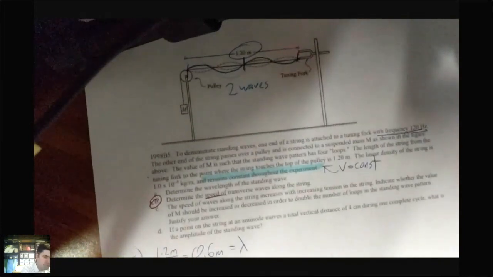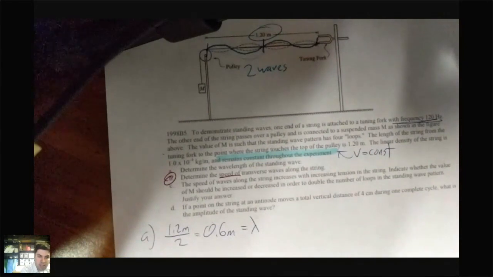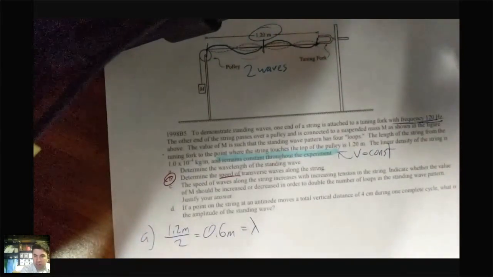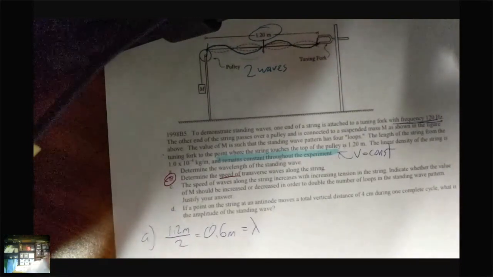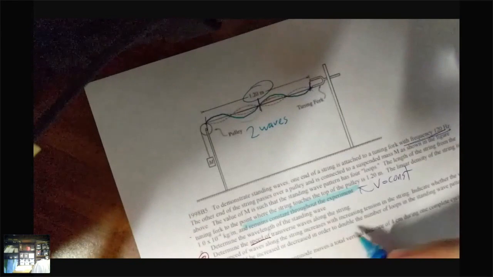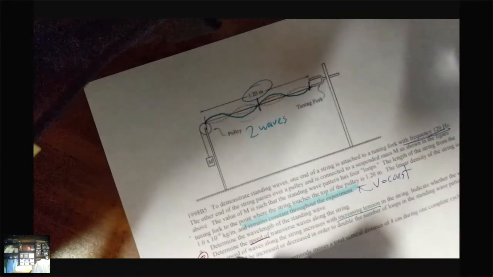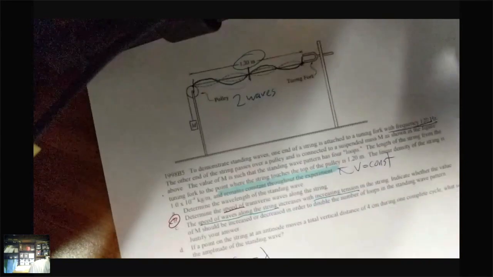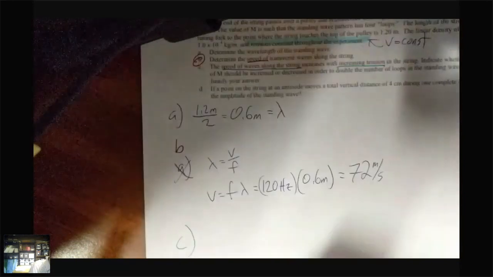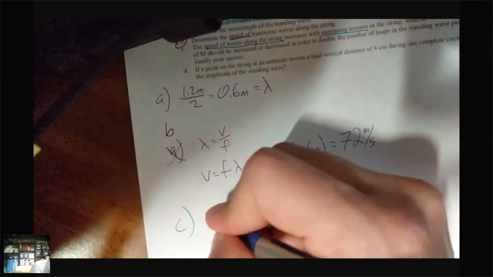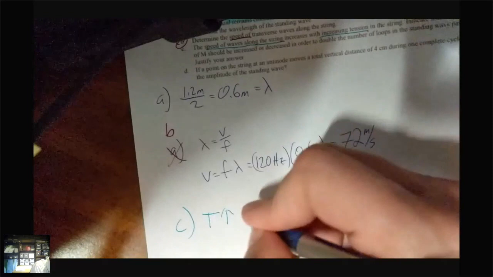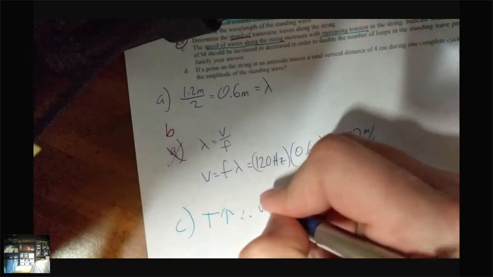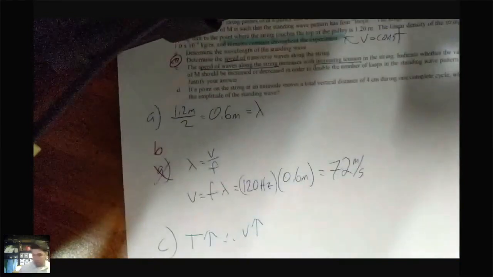Now, part C says the speed of the waves along the string increases with increasing tension in the string. Well, that's nice. So they told us that as tension increases, speed increases. Good to know.